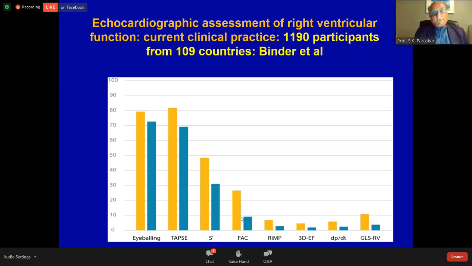And the fourth was fractional area change. So we do these on a routine basis, and surprisingly, three-dimensional ejection fraction and global longitudinal strain got a very minimum number of votes to be done on a routine basis. So these continue to be the important methods, but the newer ones should be promoted.